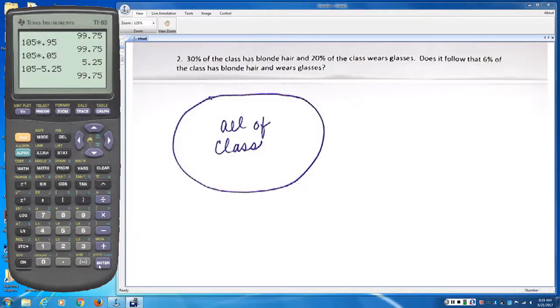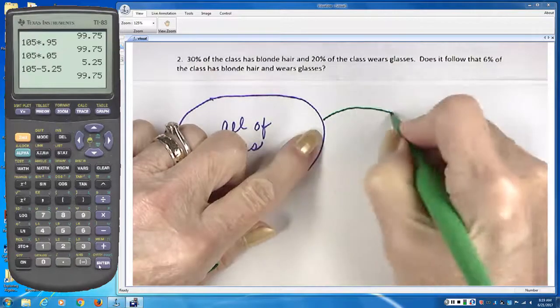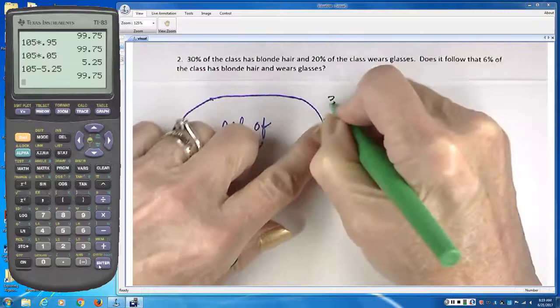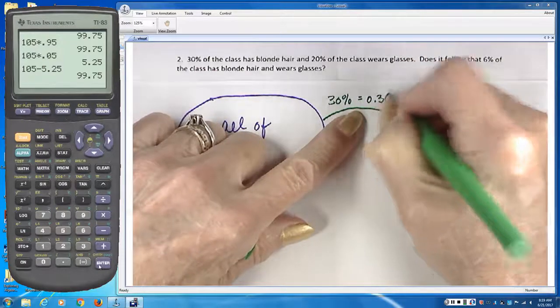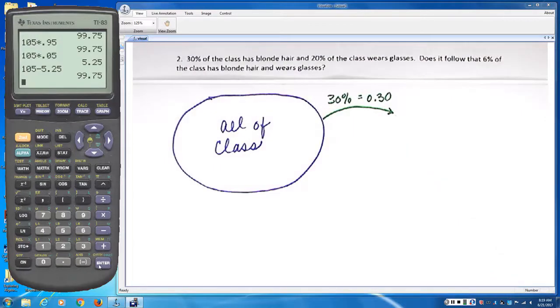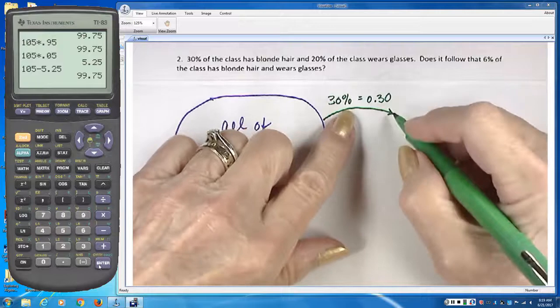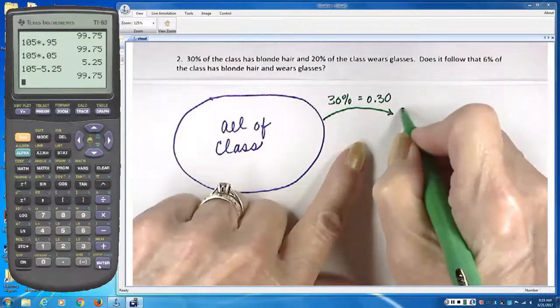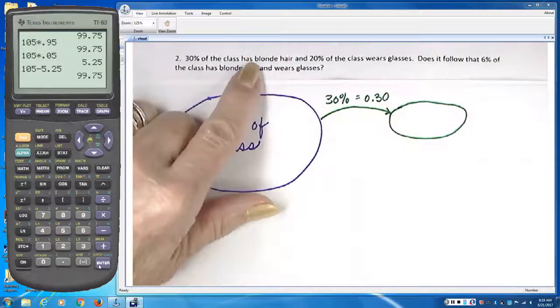And it says 30% of them have blonde hair. So 30% is 0.30. Remember, you move your decimal backwards. If you've got percent to decimal, you go backwards. And 30% of the class then, which is a smaller amount, has blonde hair.